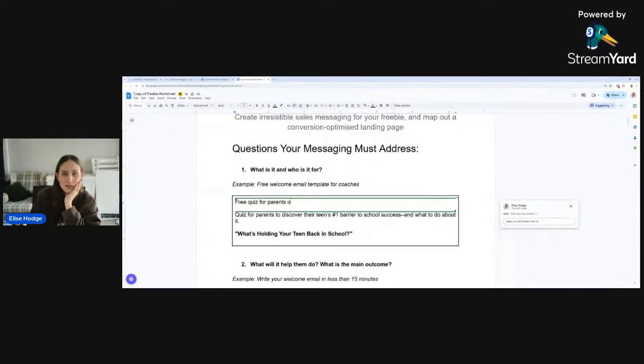Would the parents say neurodivergent teens, or would they not necessarily know that they are neurodivergent, and more say free quiz for parents of disorganized teens? I was trying to think what is the best identity to speak to them. So I would probably have some descriptor here, so we know who this is for.